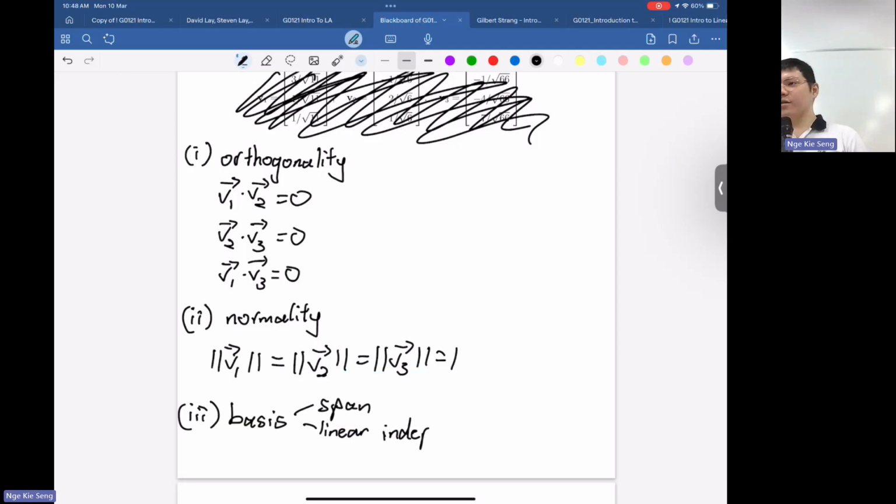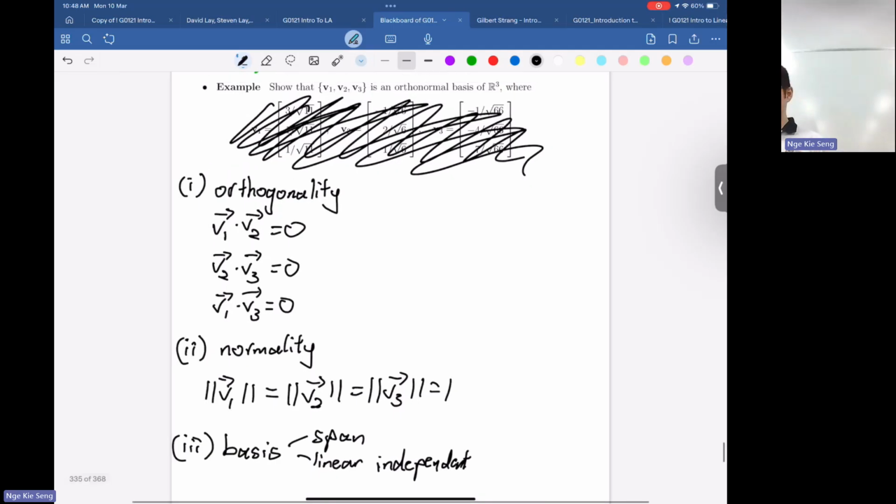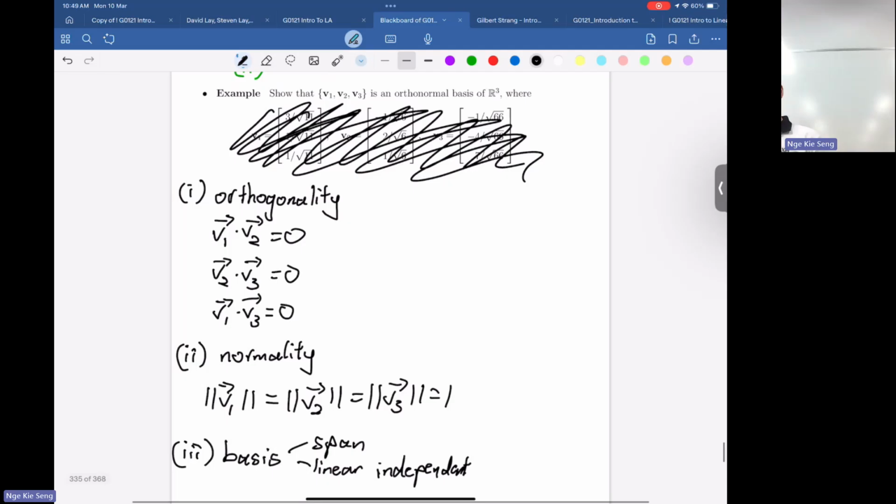Obviously you can go through the definition. The definition is what? For every b in Rn, you need to find c1, c2, c3 such that you can write it as a linear combination. And for linear independence, you need to solve the homogeneous linear system so that it has only the trivial solution.